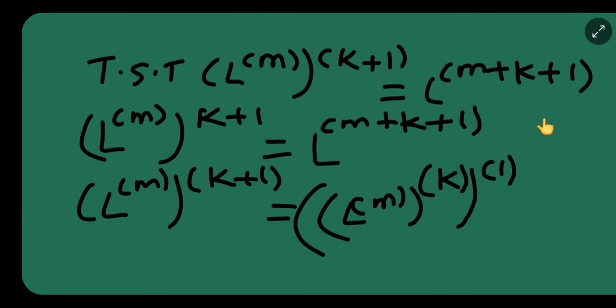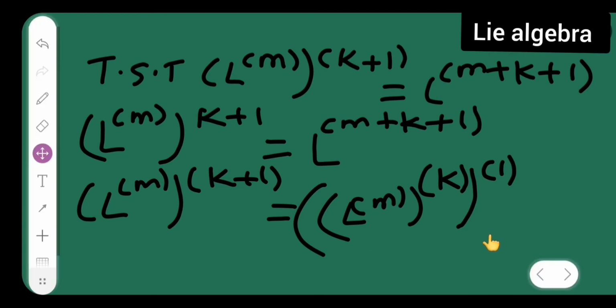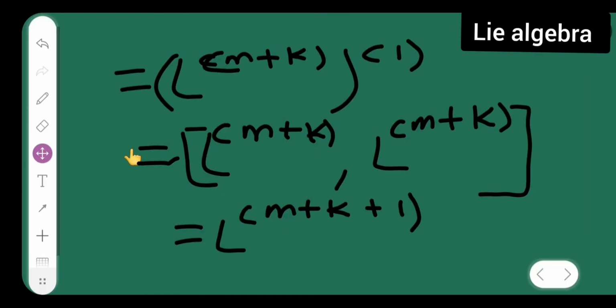This is equal to L raised to power of m plus k in the bracket, raised to power of 1. Now this is written as the Lie bracket of L raised to power of m plus k comma L raised to power of m plus k, and this is equal to L raised to power of m plus k plus 1.